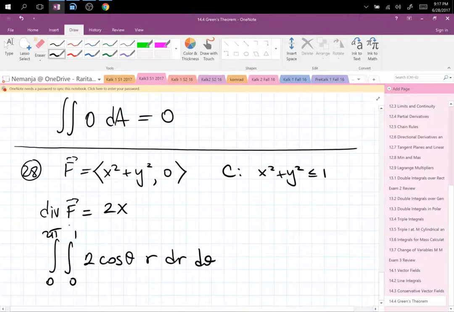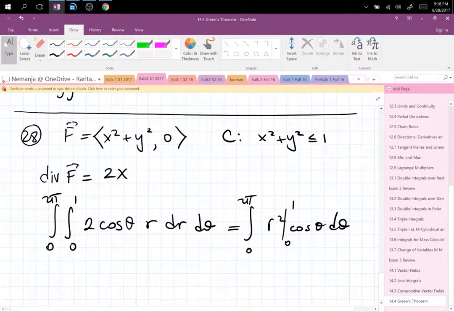And you say this is 0? Yeah, it's still 0. So 2 cosine theta r dr d theta. When you integrate r, you get r squared over 2, so that's the integral from 0 to 2 pi of r squared cosine theta d theta, computed from 0 to 1. That's just 1. The integral of cosine is sine. Yep, 0.